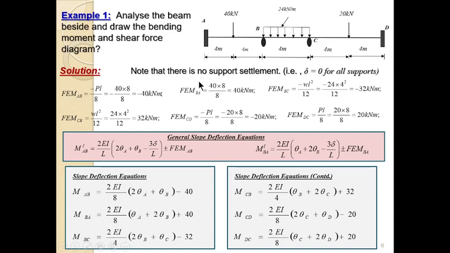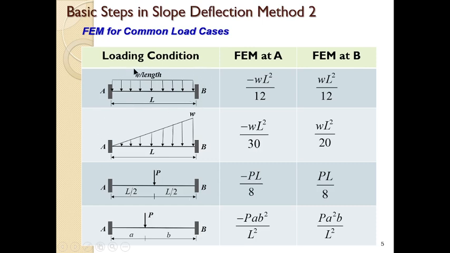The first thing to note is that there is no support settlement, and because there is no support settlement, delta equals 0 for all supports. Take note of that. So we will go ahead to calculate the fixed end moments. Remember all these formulas; this is what we are going to use for those different cases.